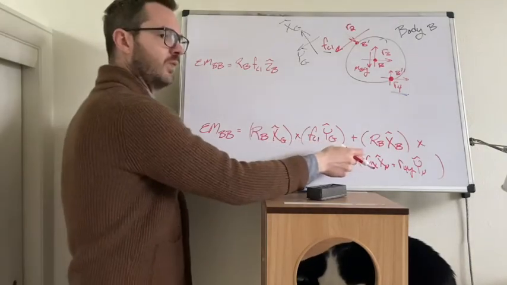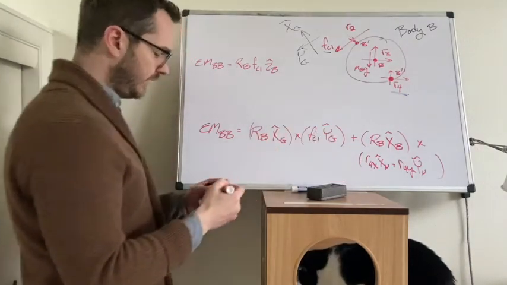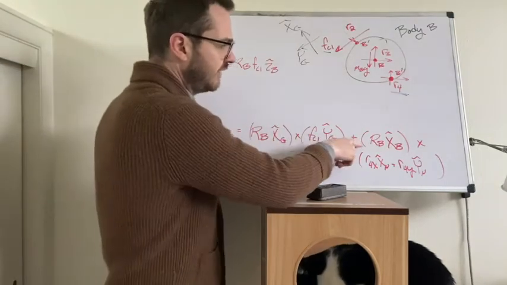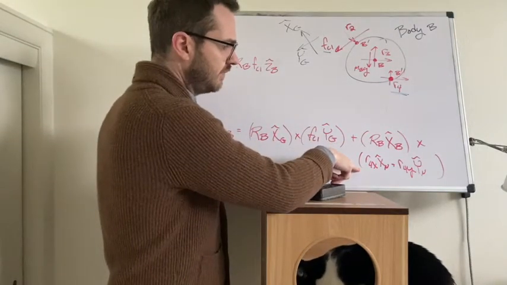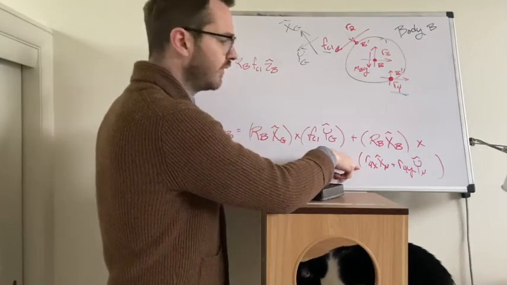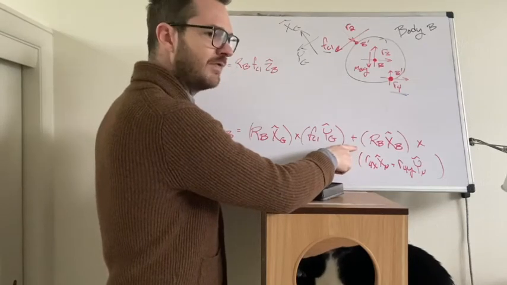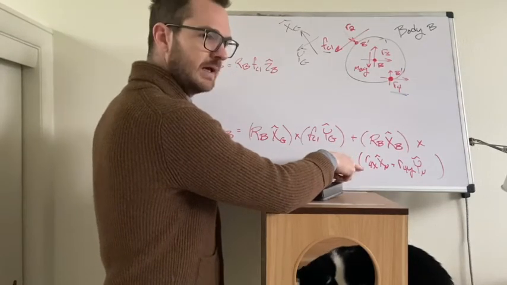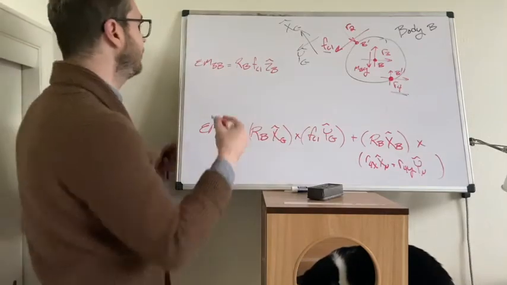Next, what do we need to do with these? Well, the position is in B frame and the forces are in N frame, so we need to convert. We can very easily convert XB into the N frame. We've done this several times.